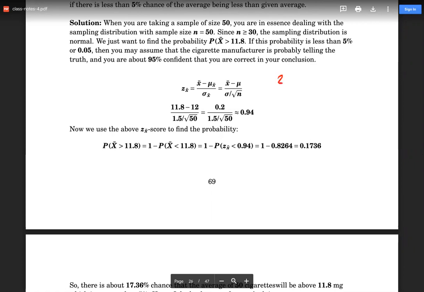Z sub x bar is equal to x bar minus mu sub x bar divided by sigma sub x bar. All right. X bar is the point in question.